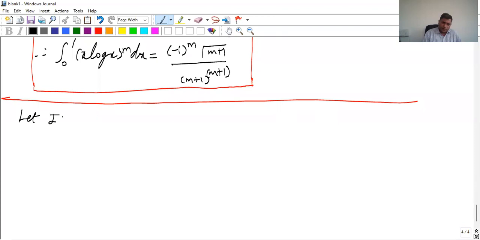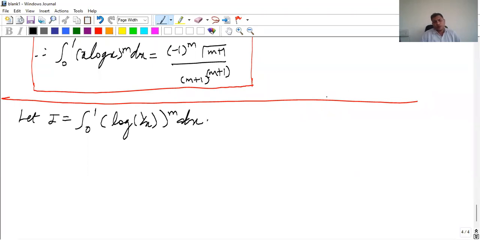So let I is equal to integral 0 to 1 of (log(1/x))^m. So you can see earlier it was log of x, now it is log of 1 by x. So we can simplify this as integral 0 to 1.